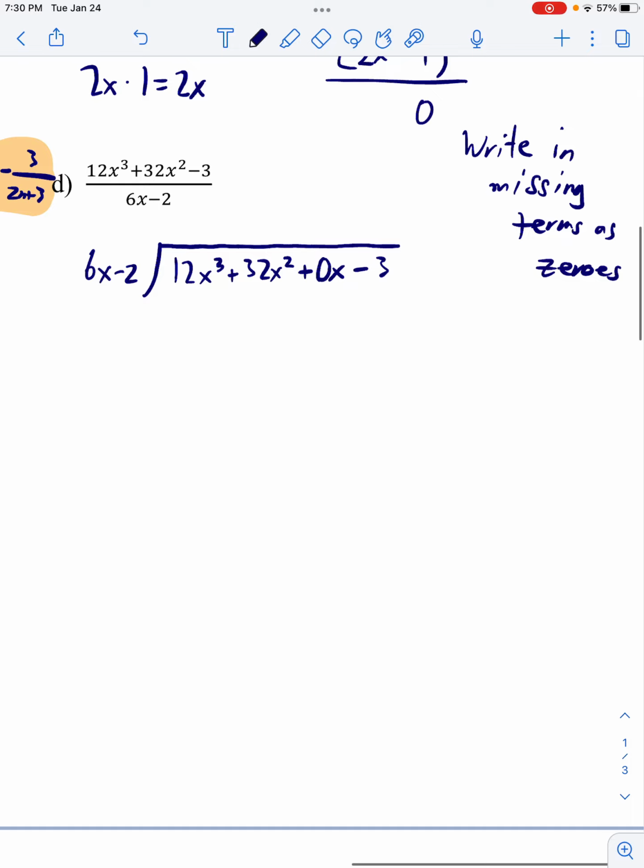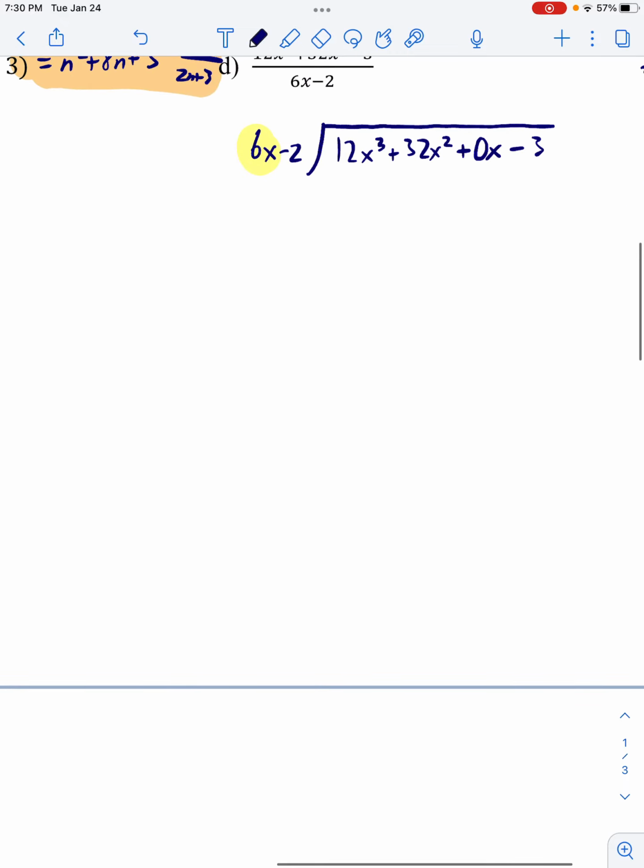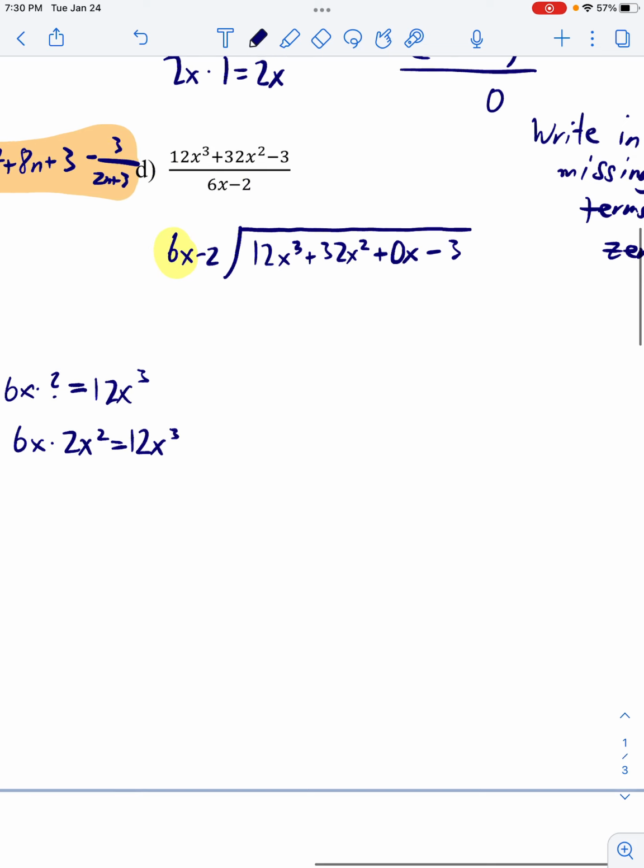So it's actually the same deal. We're going to start with the leading term in the divisor. 6x times what is going to give me that 12x cubed, that first term under the division symbol? Well, 6x times 2x squared equals 12x cubed. So we're going to write 2x squared up here on top.